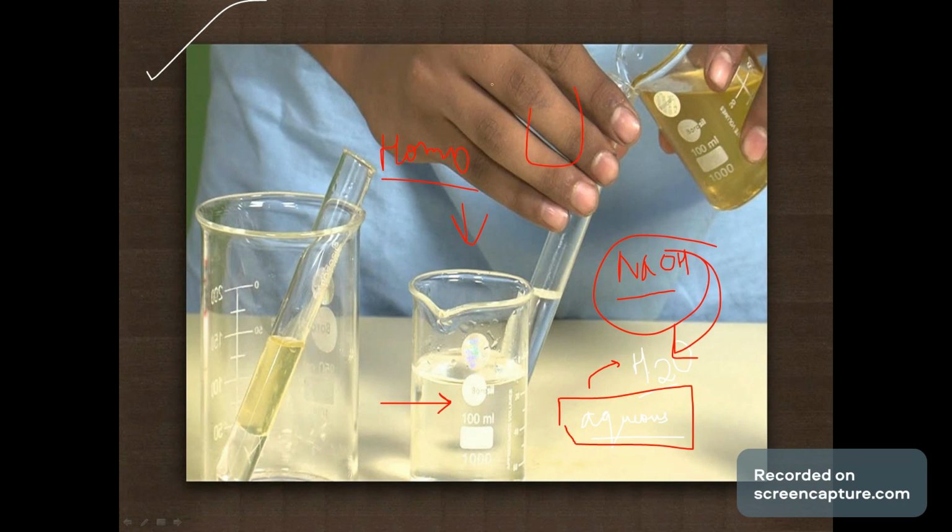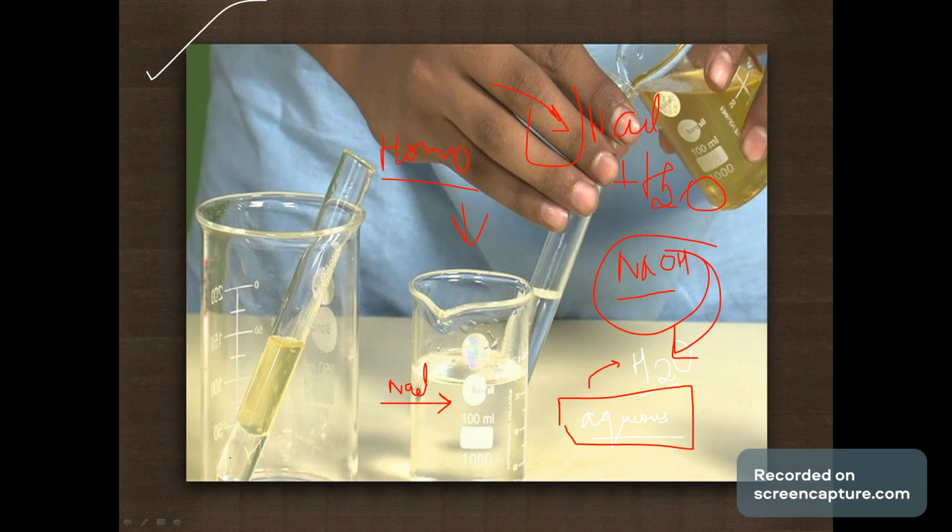For example, when you add salt to water, it's very difficult to separate the NaCl from the water. So in order to prevent that, we are adding NaCl to this.